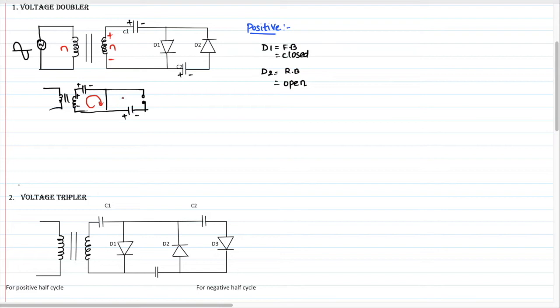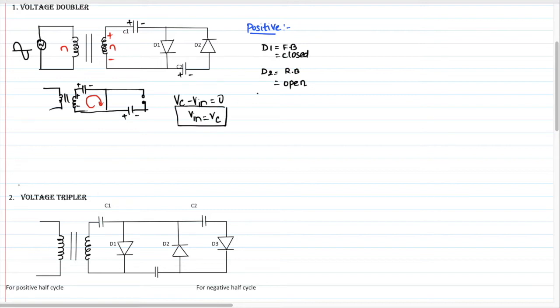We can't apply KVL for this part because this circuit is in open condition. So we will apply KVL only to this loop. The capacitor is plus to minus, so VC. Sorry, there is no output here. Again on this side you have the input minus to plus. So VC minus Vin equals 0. So Vin equals VC.